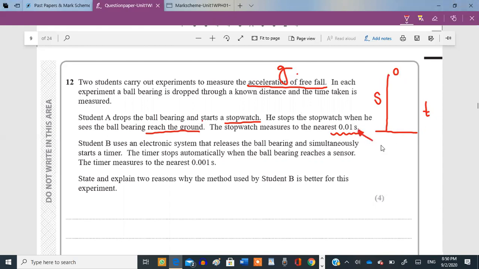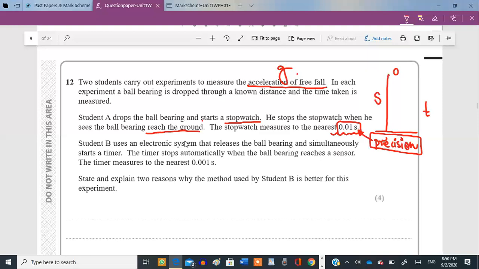This is called the precision of the stopwatch. By the precision we mean the smallest value that the stopwatch can measure. Precision is better when this value is as small as possible. By a better precision we mean a smaller precision.